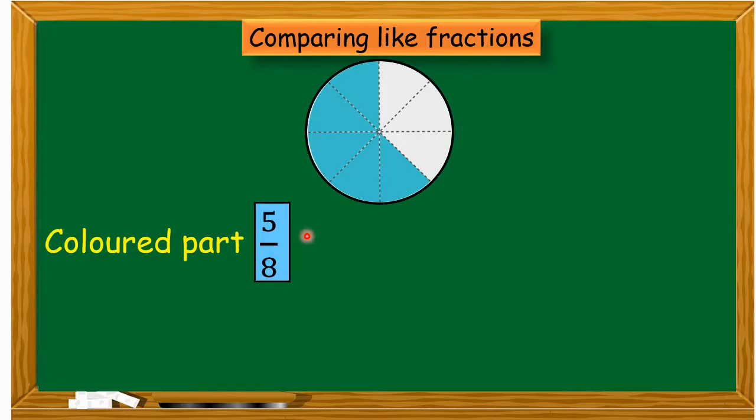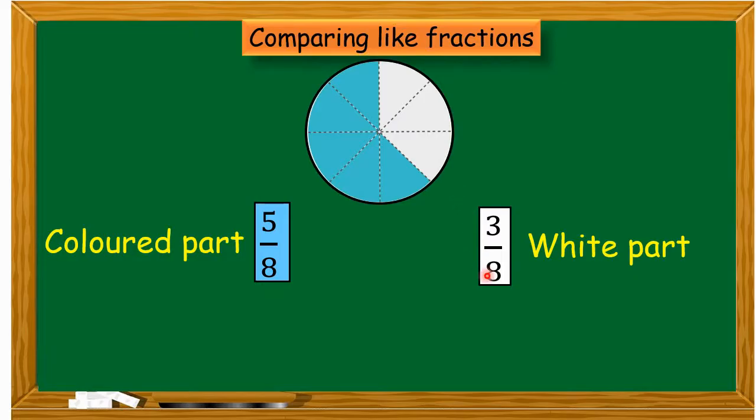3 parts of the circle, out of 8 parts, 3 parts are white. Therefore, the white portion of the circle can be represented as the fraction 3 upon 8.